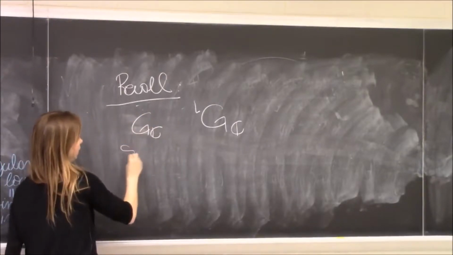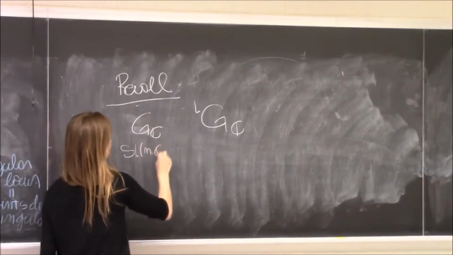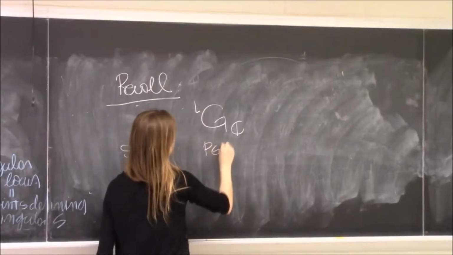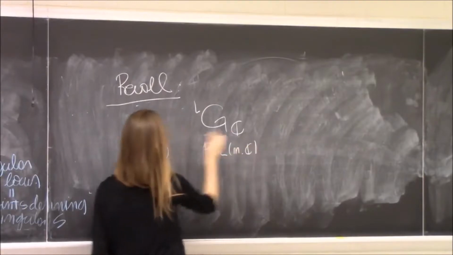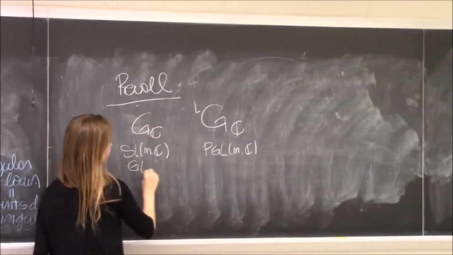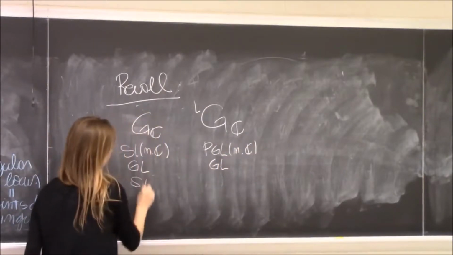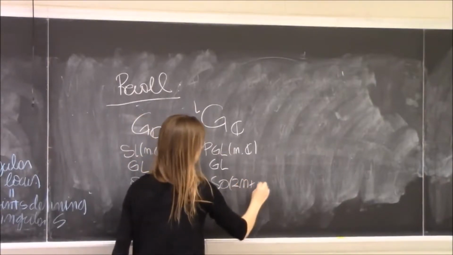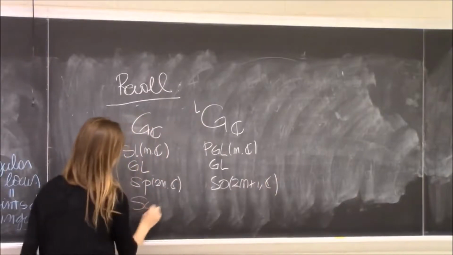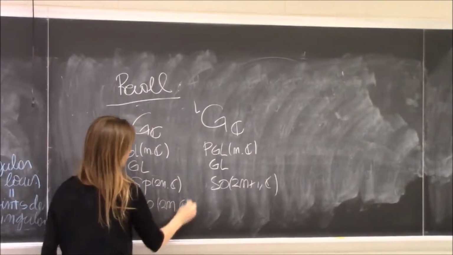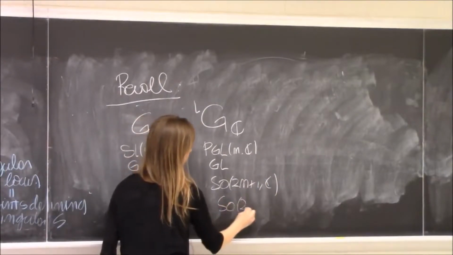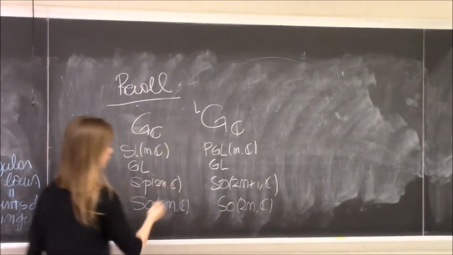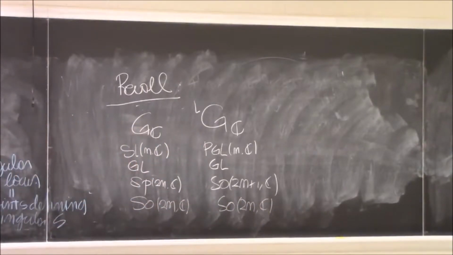So if you have SLNC here, you're going to have PGLNC. GL is self-dual, SP2NC, you'll have SO2N+1C. And if you have SO2NC, you'll be self-dual. This is just for you to remember the type of groups that correspond to each other.